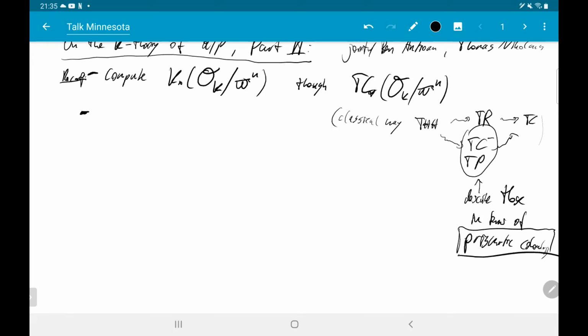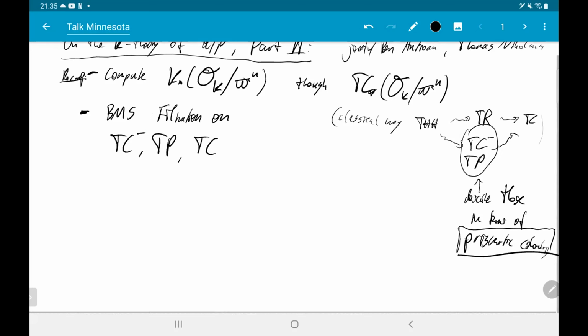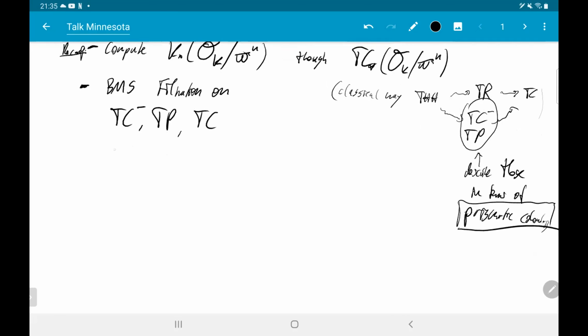It turns out that on all these spectra, there is a Bhatt-Morrow-Scholze filtration on TC minus, TP, and TC, and the associated graded admits descriptions in terms of prismatic cohomology. So let me write that out maybe for TP.